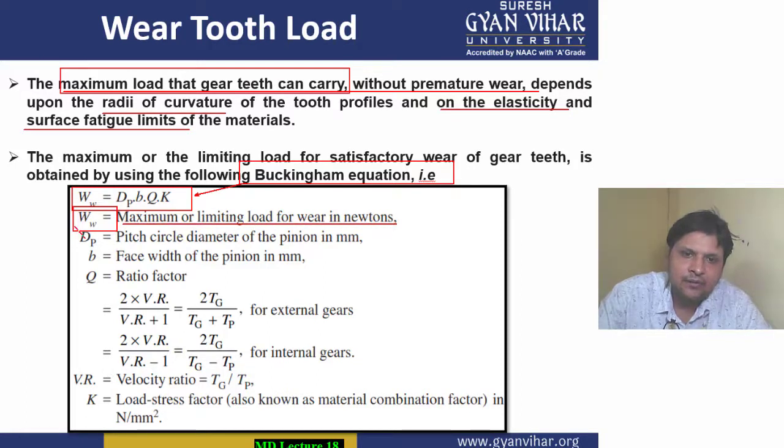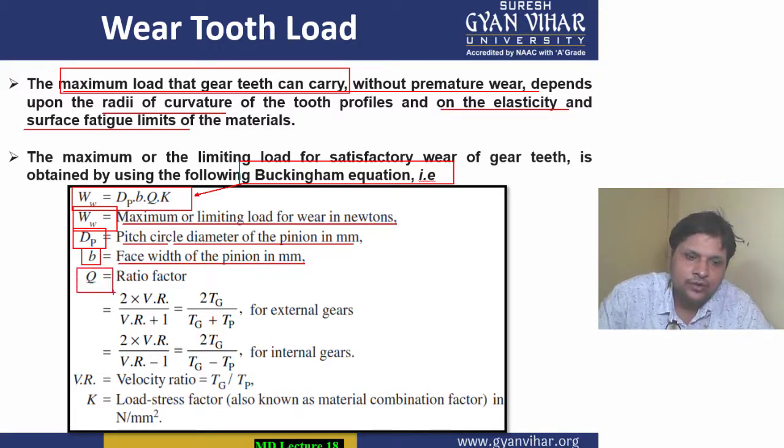Apart from that, what is DP? As I have told you, wear tooth load depends on the pitch circle diameter of the pinion. And B, as I have already told you during the derivation of the Lewis equation, is the face width of the pinion.